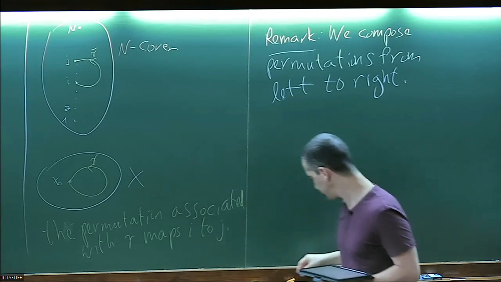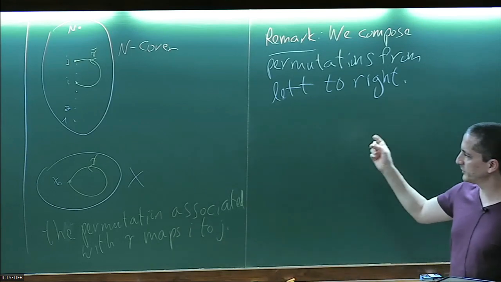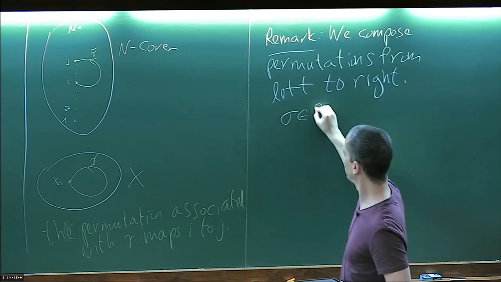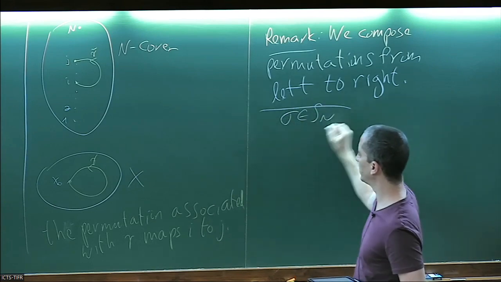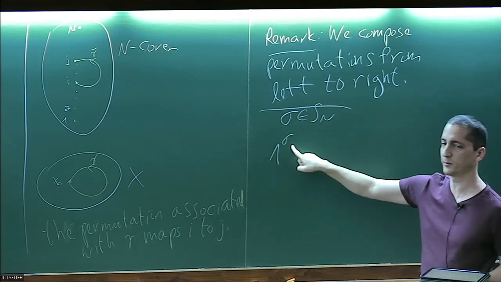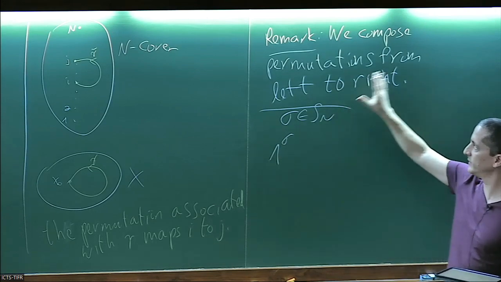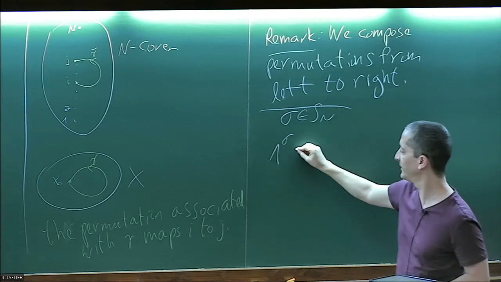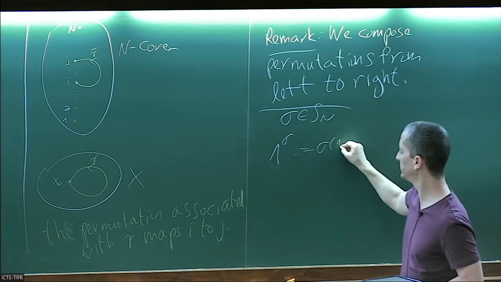But it does mean that if sigma is a permutation, my notation will be 1 to the sigma, this is the image of 1 through sigma. And this works better when we compose permutations from left to right. Okay, so by definition, this is sigma of 1.